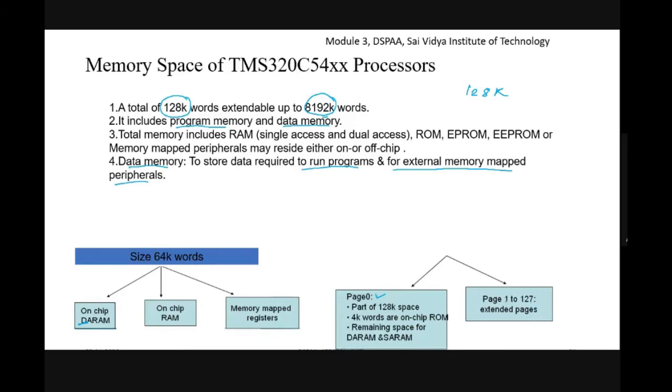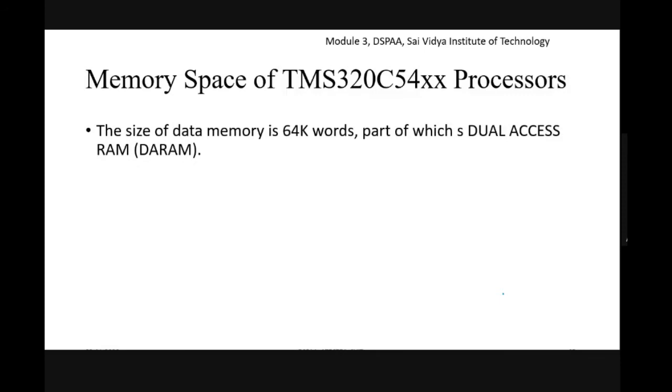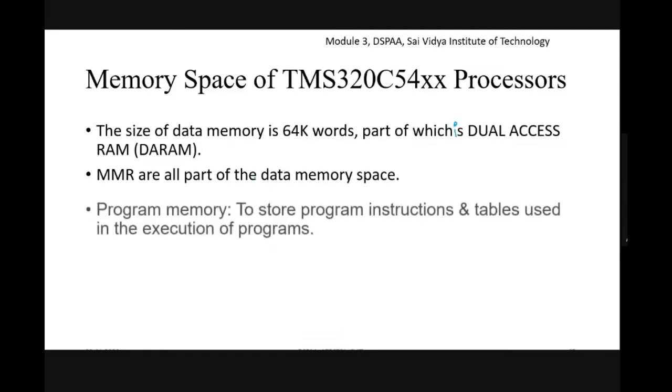In this memory space, the size of data memory is 64 kilowords, part of which is dual access RAM. Memory mapped registers are also part of the data memory space available on the TMS320.